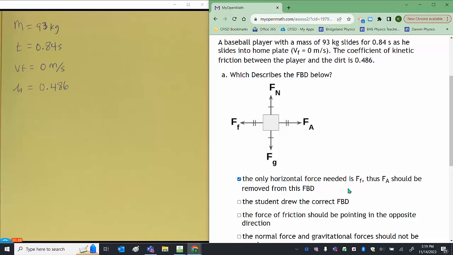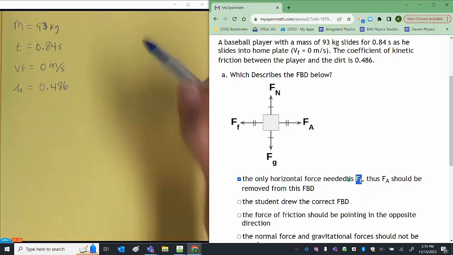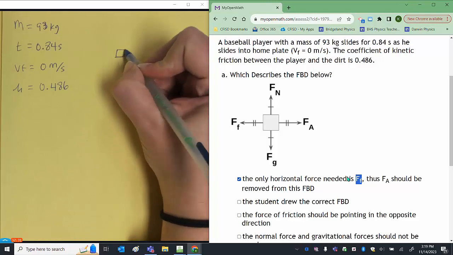That is correct. Once you're sliding, you're no longer applying a forward force. You are just moving with the momentum that you had. You're an object in motion. You're going to continue moving until something acts on you, and there is something acting on you the whole time. That's friction that's going to cause you to accelerate until you stop. And so our free body diagram for this should look like this.